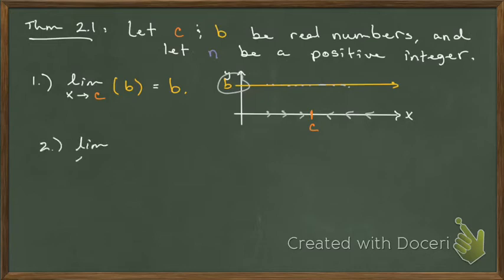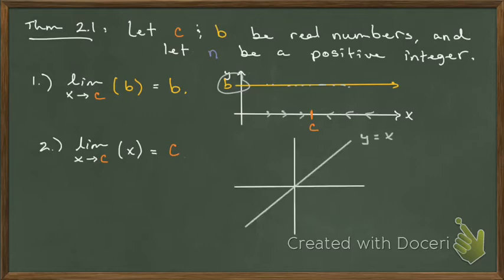Number two, the limit as x goes to c of x is also c. Well, what does x as a function look like? It's the line y equals x, right? So when I look at different c values, the function is exactly c at those x values. What I put in, I get back out, right? So the limit as x goes to c of x is also c.